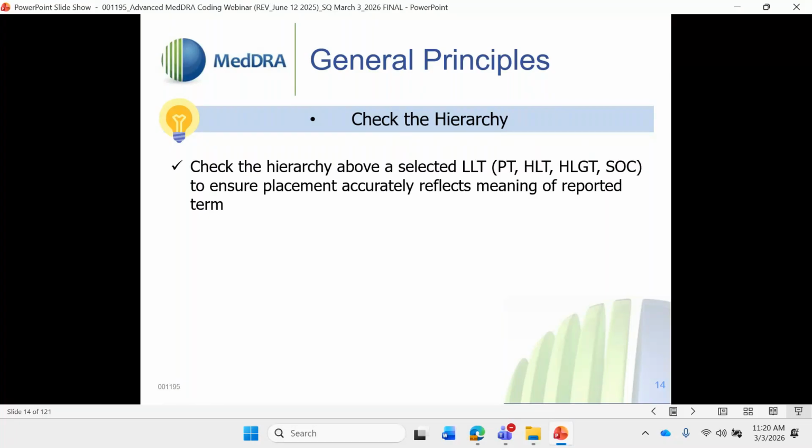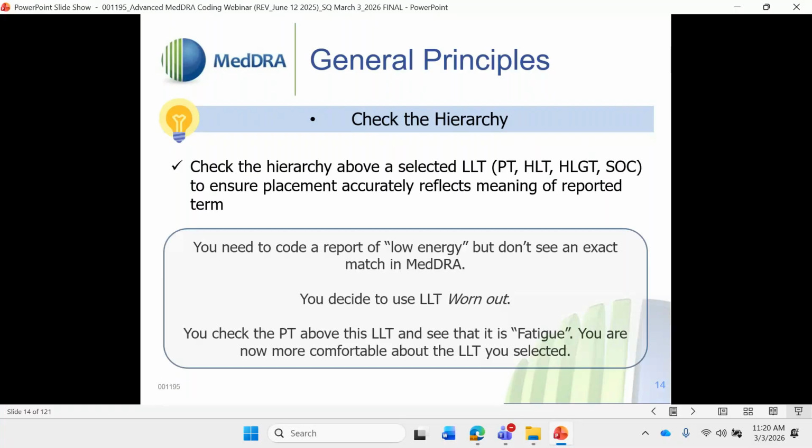Okay? So for example, you want to code low energy. In your verbatim string, you were given the report that said low energy. But in MedDRA, there is no exact match LLT for that. So you search and search and you decide, well, the closest thing that I can use for low energy is the LLT worn out.